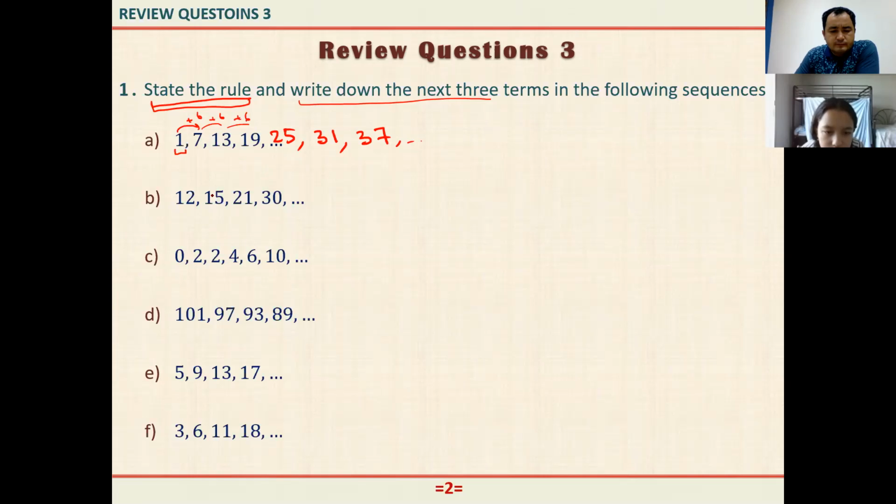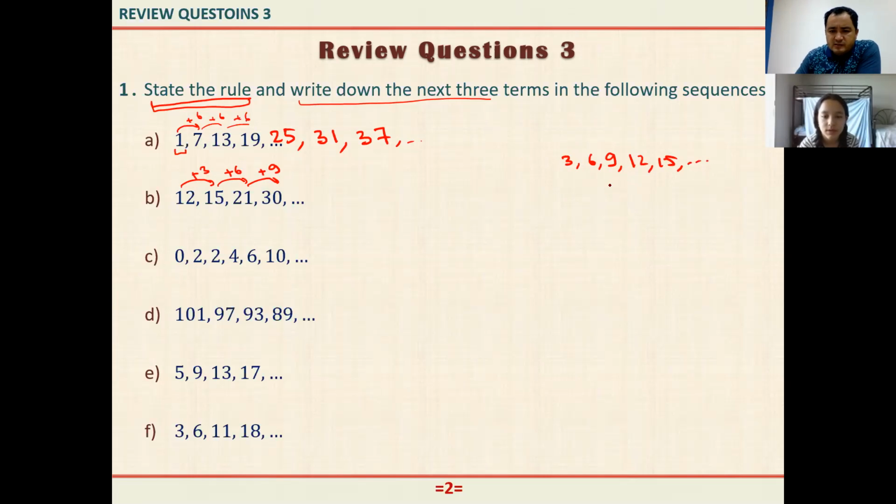Let's see. First, if you find a difference right here, plus 3. How about here? Plus 6. How about here? Plus 9. Okay, now what are these numbers? Here we have 3, 6, 9, and next number will be 12, next number will be 15.